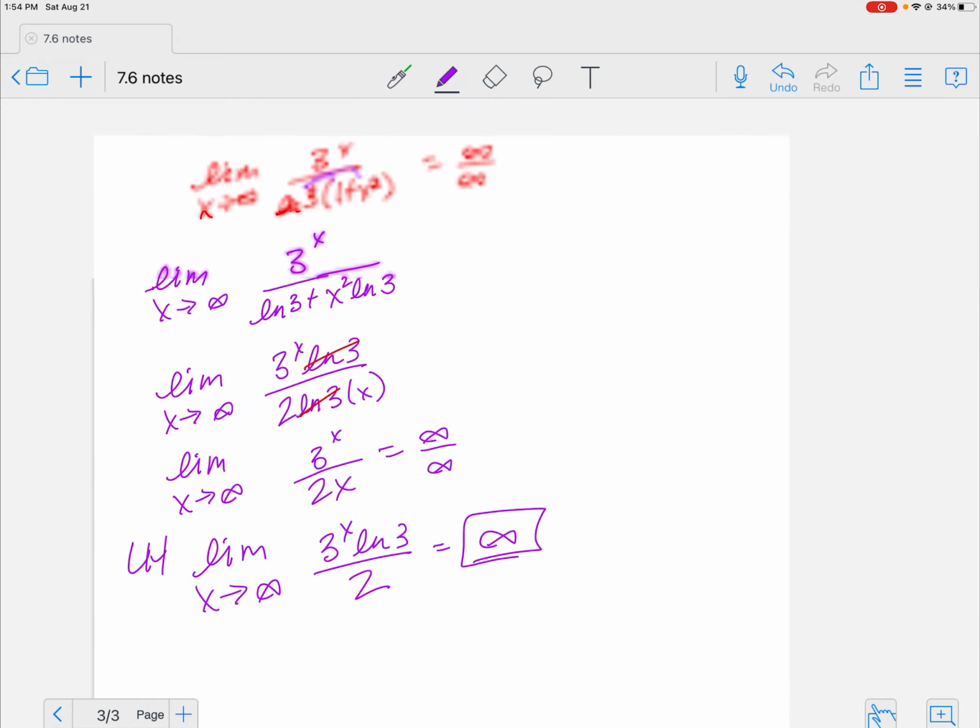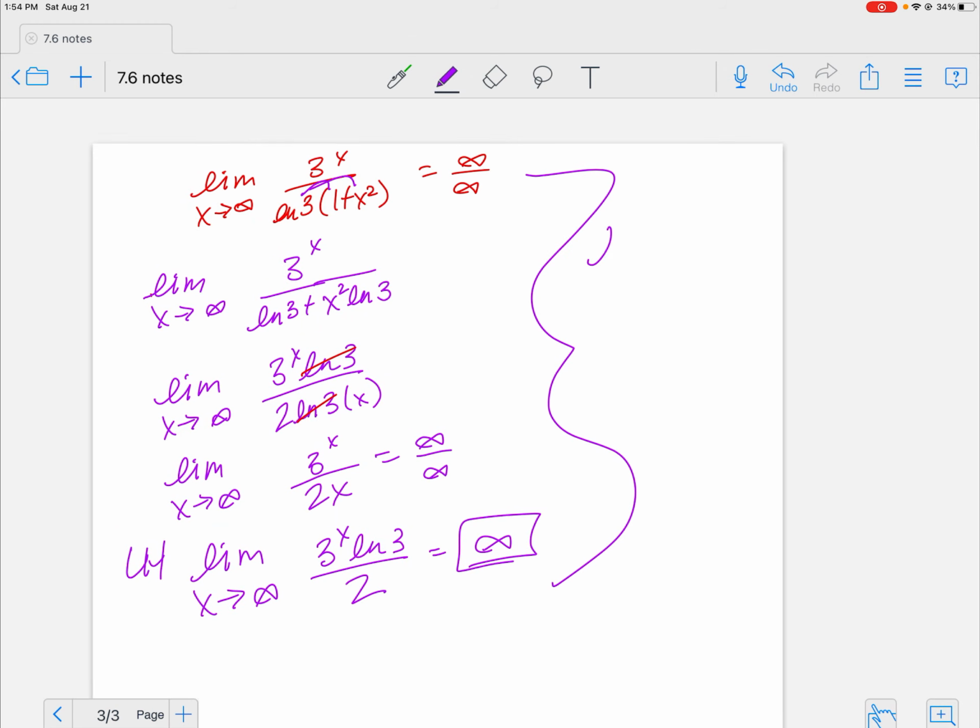All right? In my opinion, all of this is just extra to prove why it's infinity. It's just proving the answer. That's what that is, extra.